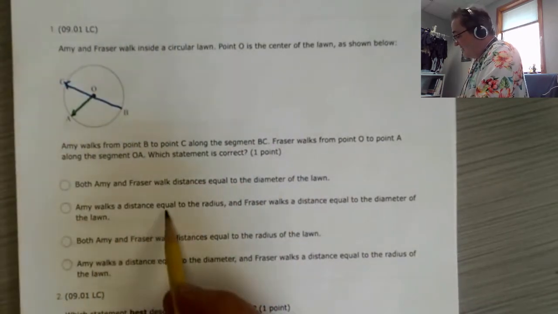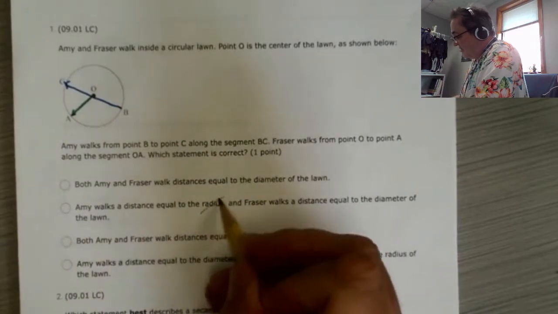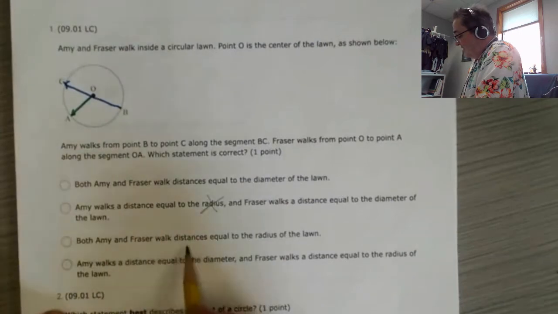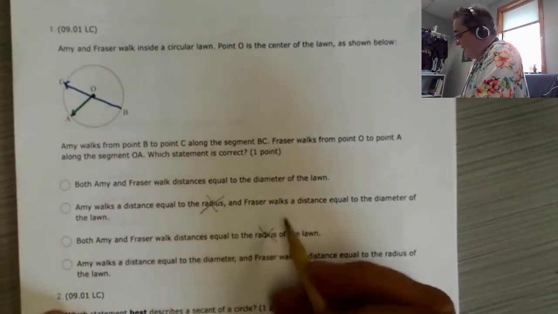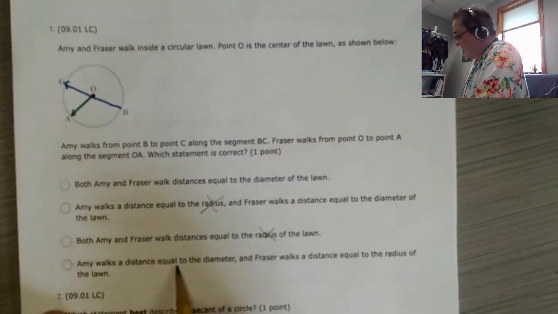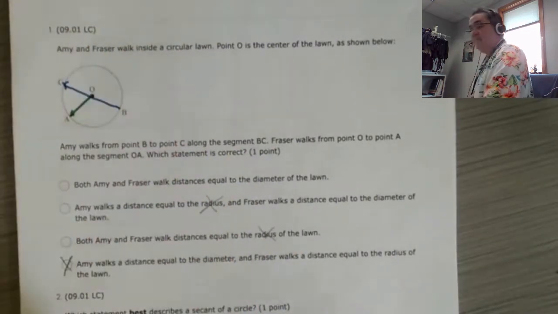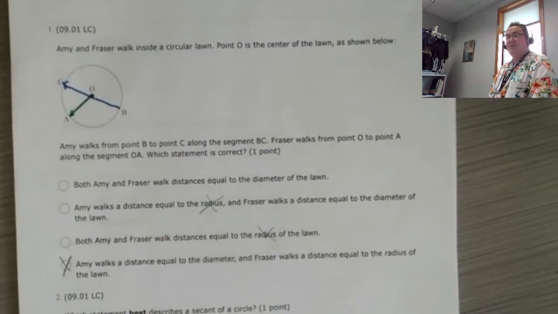Amy walks a distance equal to the radius. Well, we don't have to go any farther. We know she didn't walk the radius. She walked the diameter. Both Amy and Fraser walk distances equal to the radius. No. Amy walks a distance equal to the diameter, but Fraser walks a distance equal to the radius. There we go. That's just simply knowing what a diameter and knowing what a radius is, and then reading carefully.